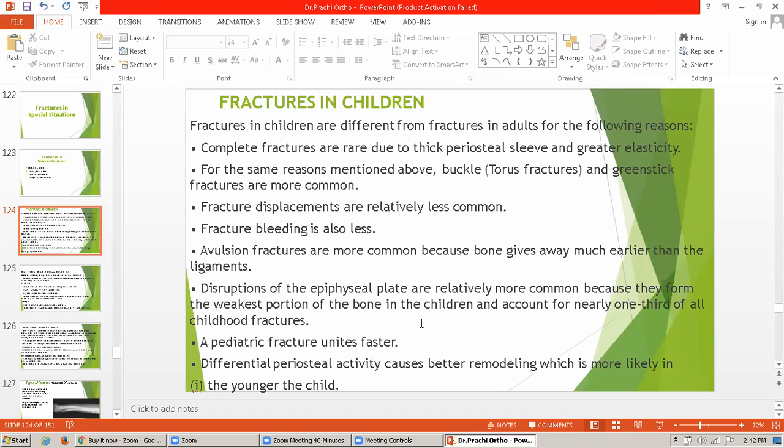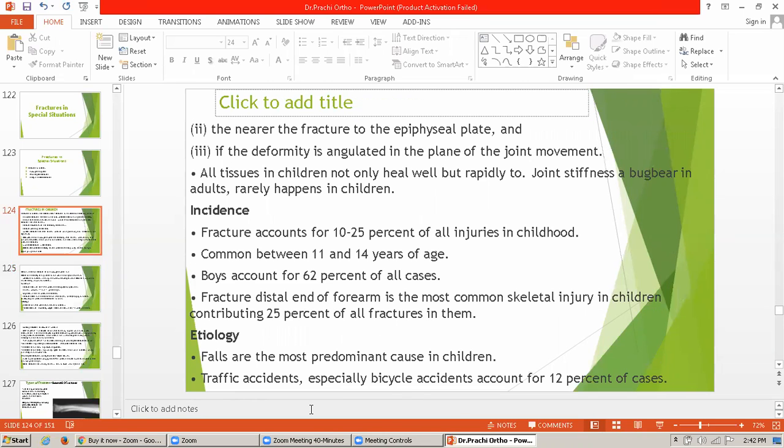Then disruption of the epiphyseal plate is relatively common because it forms the weakest portion of the bone, and pediatric fractures unite faster. Differential periosteal activity causes better remodeling, more likely in younger children, in fractures near the epiphyseal plate, and when the deformity is angulated in the plane of the joint movement.